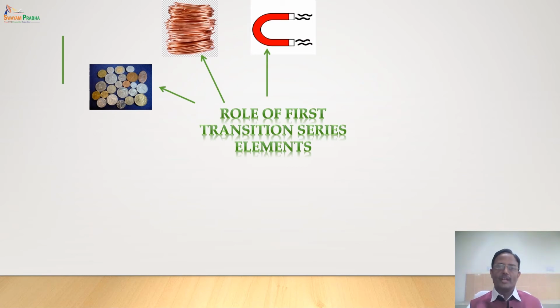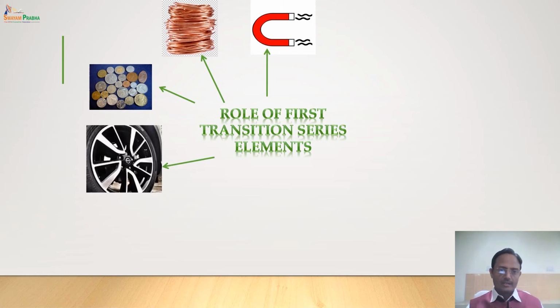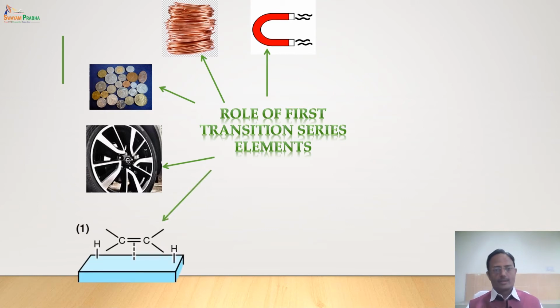The magnetic nature of a few elements in the 3d series plays a very important role in the preparation of magnets, alloys used in various alloy wheels or a large number of materials including the rails, etc. One more application of these elements is in the catalytic property.